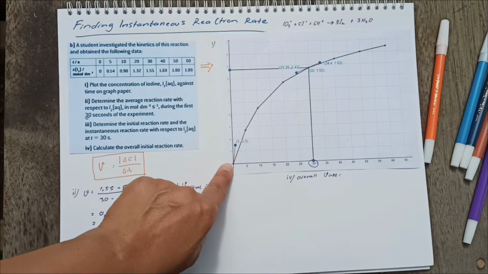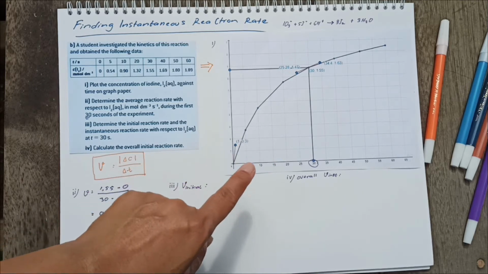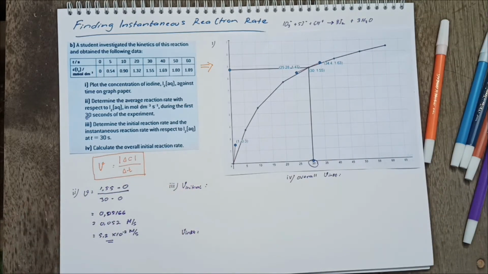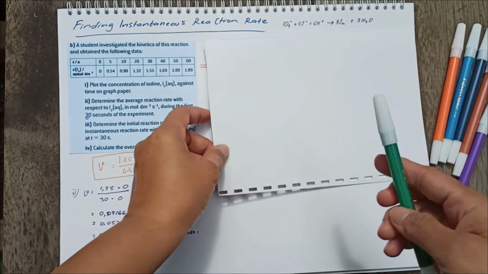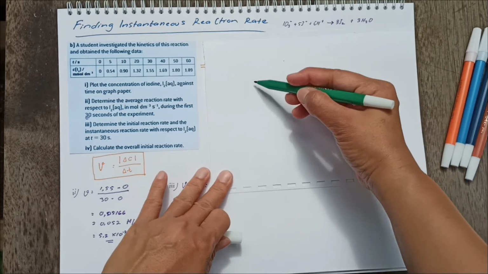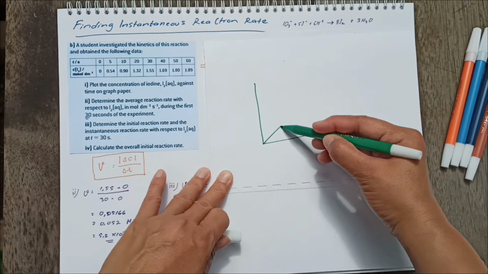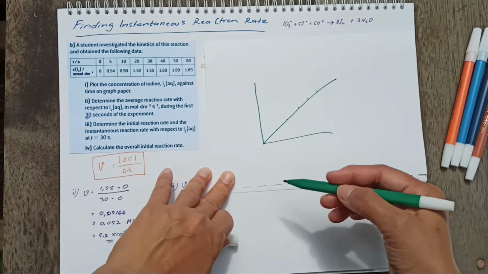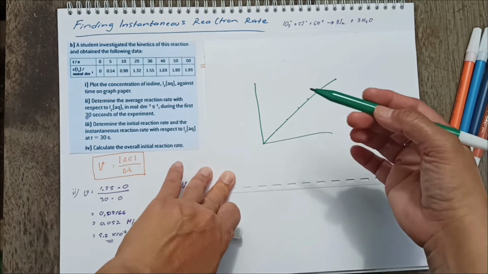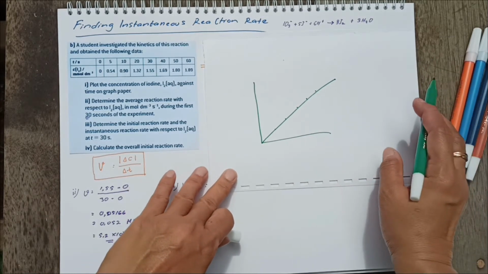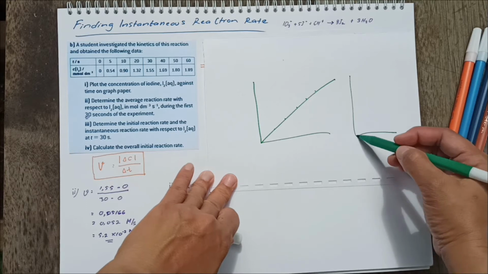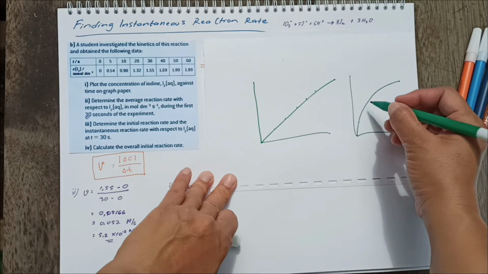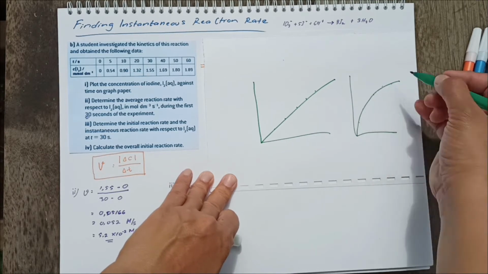To know that, we need to create a slope, but we don't have to make a full slope. What I mean by slope is like this. If you have a graph that is straight like this, every single dot in here will have the same velocity, or in this case the same rate. However, since we have this type of graph, it will have different velocity at different moments.